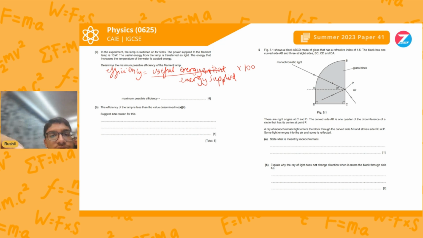So here, the energy supplied, energy is equal to power into time, which is 13 watts into 500 seconds, which is 6500 joules.